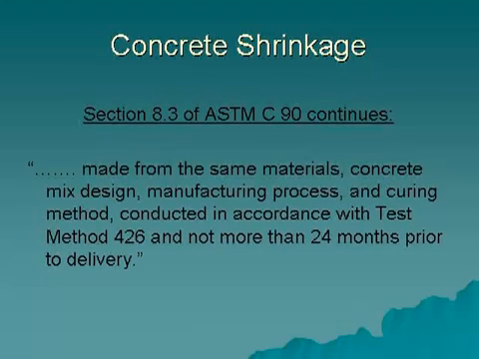Regarding shrinkage testing, Section 8.3 continues, made from the same materials, concrete mix design, manufacturing process, and curing method, conducted in accordance with test method C426, and not more than 24 months prior to delivery.